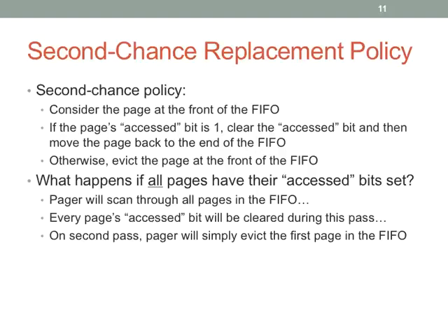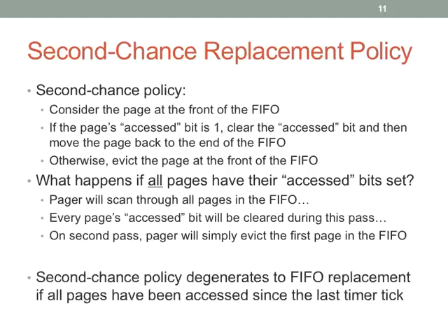On the second pass, we just choose the page that was at the front of the FIFO at the beginning, because it was the first one to have its access bit cleared. So when second chance has a situation with heavy memory load, it basically degenerates into FIFO. It has a lot more CPU usage to get the same crappy policy.